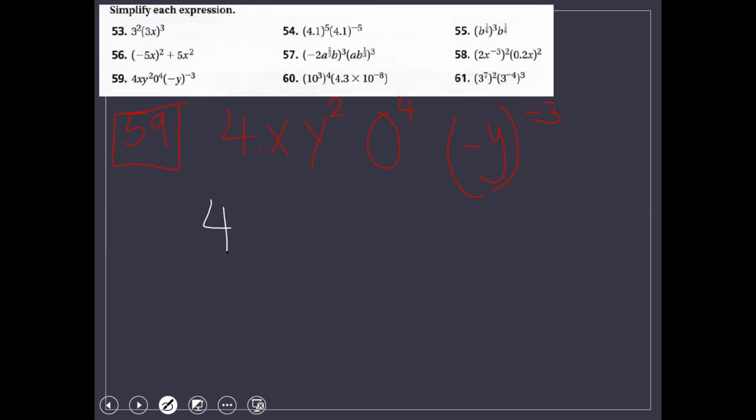Keep the 4, x y squared. Any 0 raised to any power is 0, because it's saying that you have to multiply 0 four times and the answer is 0.